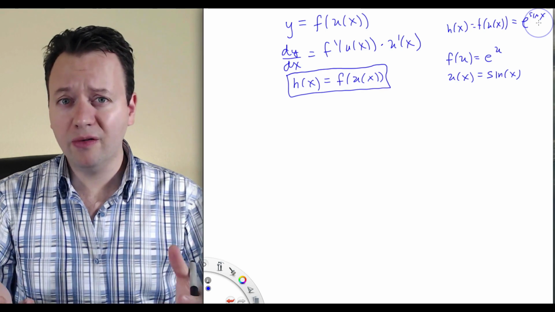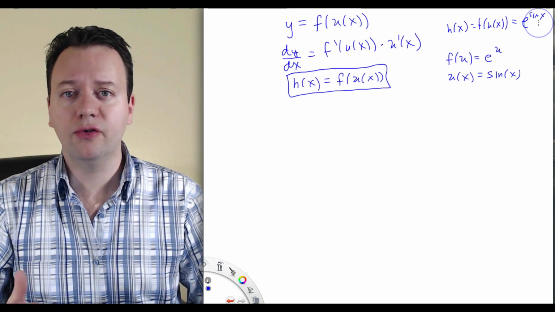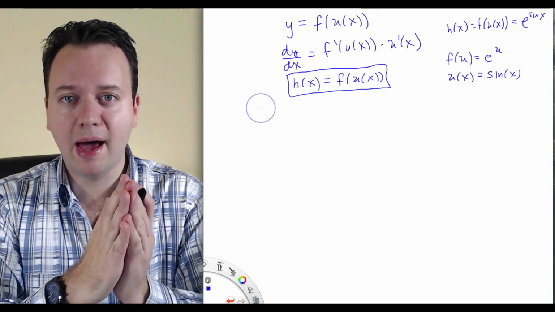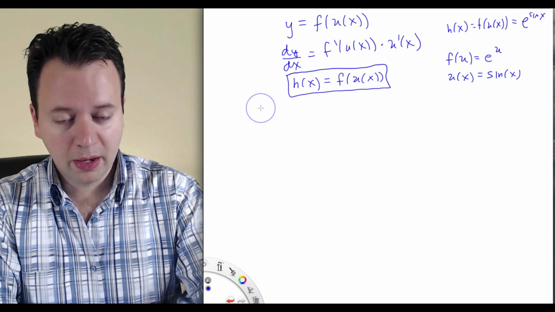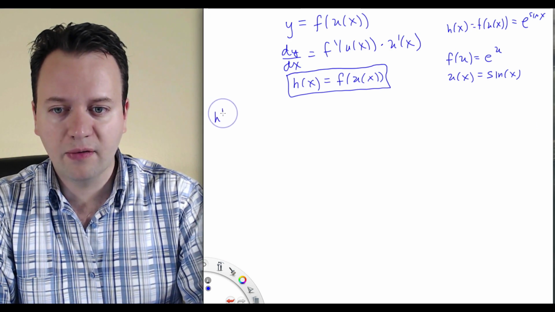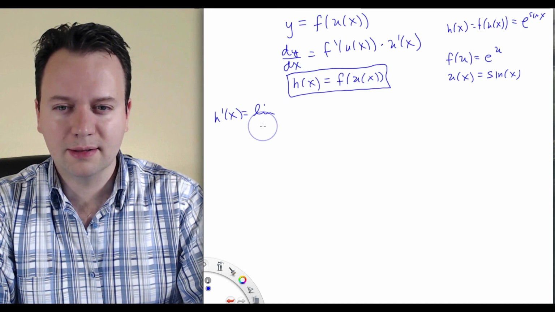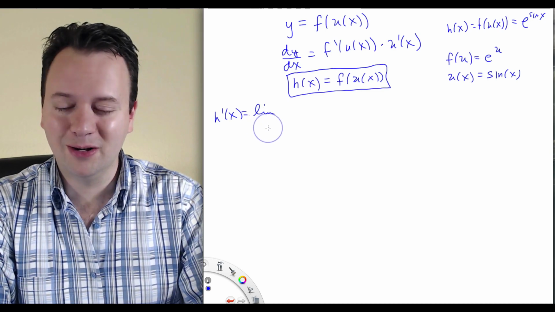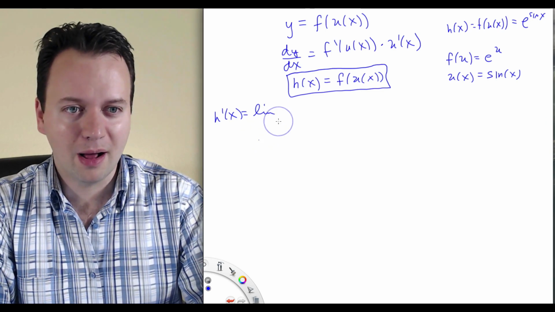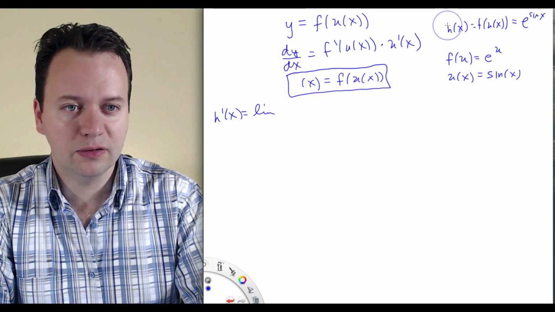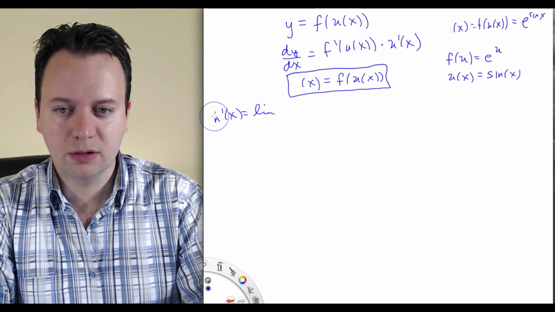So how do we take the derivative of a composite function like this? Well, every derivative rule always goes back to the limit definition of the derivative. So we know that h prime of x is the limit as h goes to 0, dangerous territory here. What if I rename this? I'll call this function g instead of h.